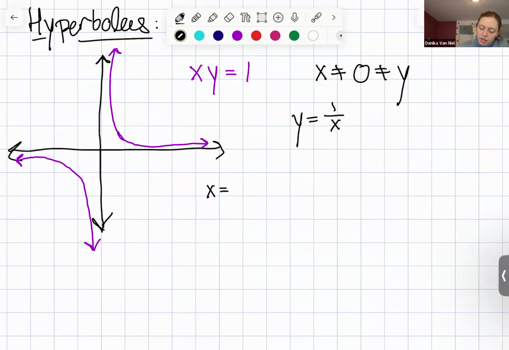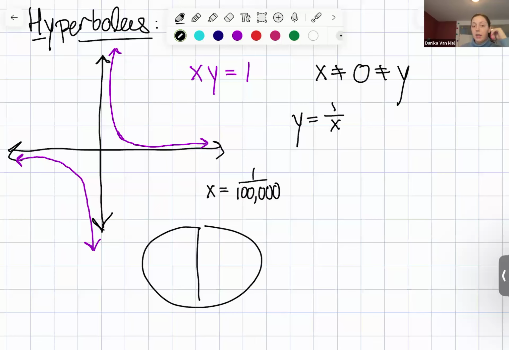But if x is like 1 over 100,000, because that's really tiny, right? How I always try to help people imagine this is, say the numerator, the top part, is how many slices of pizza you get, and the denominator, the bottom part, is how many slices the pizza is cut into. Okay, so if I have a pizza, it's 1/2. Okay, so you get 1 slice out of the 2.